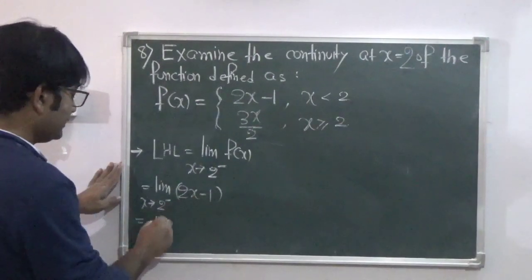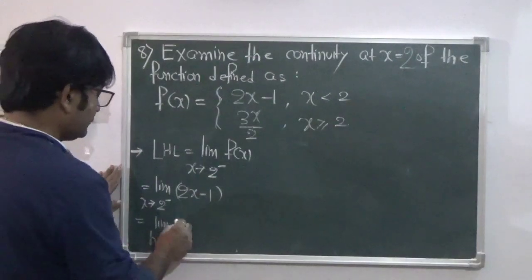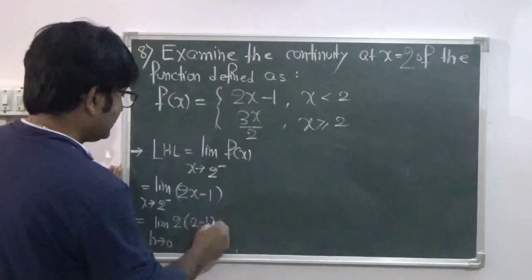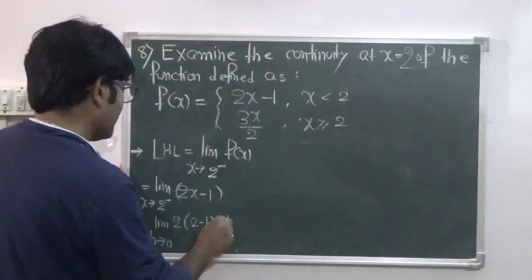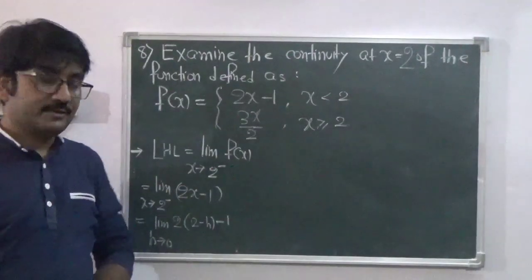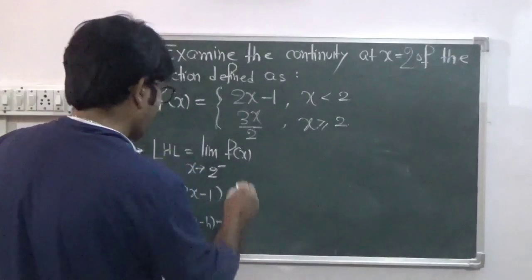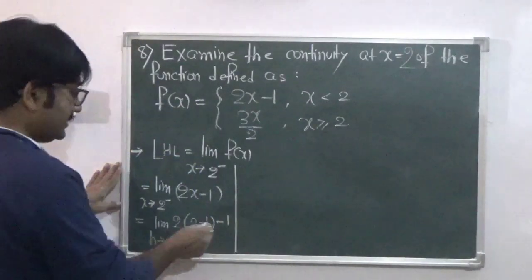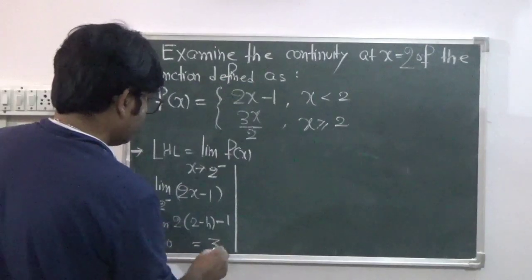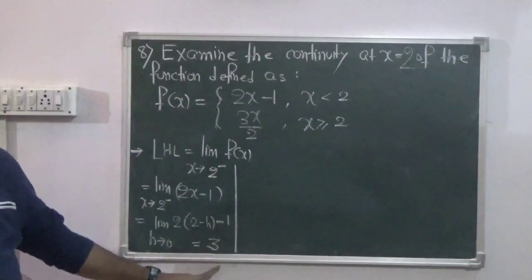So we can write limit h tends to 0 of 2(2 minus h) minus 1, putting x equals 2 minus h. Put h equals 0, so it becomes 2 into 2, 4 minus 1, that comes to 3.